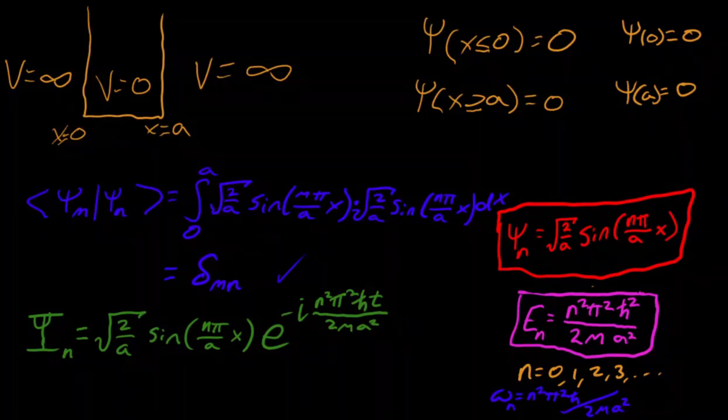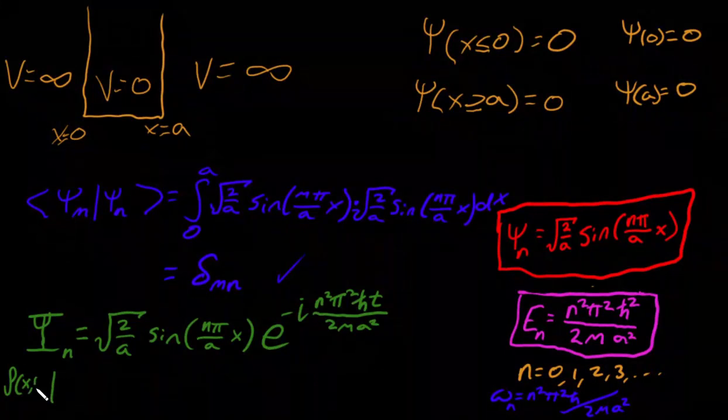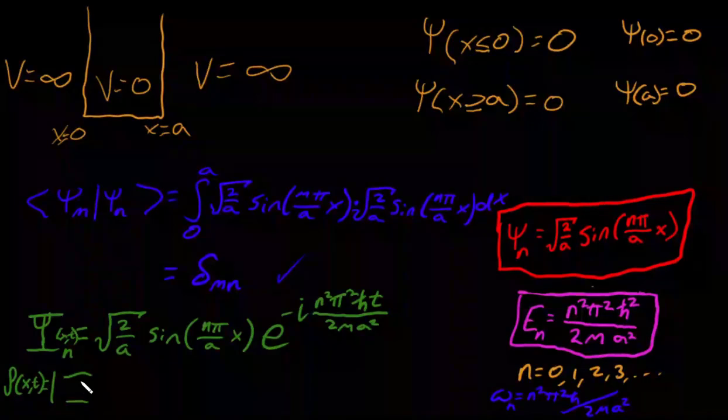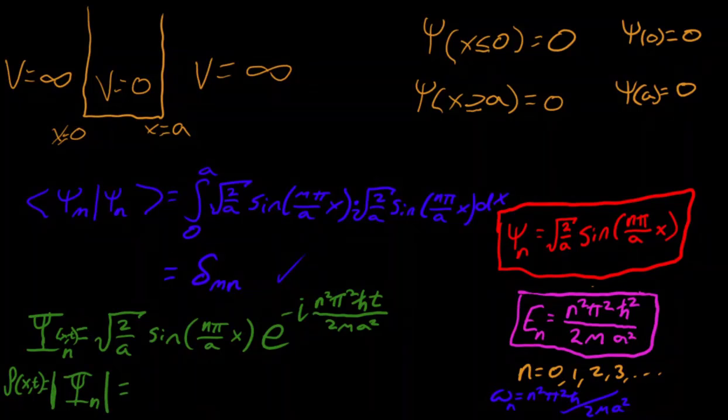Now, here's the interesting part, and I kind of hinted at this in another video. If we want the probability density of x and time, because this is a function of x and t, our probability density could be a function of both position and time. But it turns out when we take the norm squared of psi n, the norm squared of a product is the product of the norm squared.